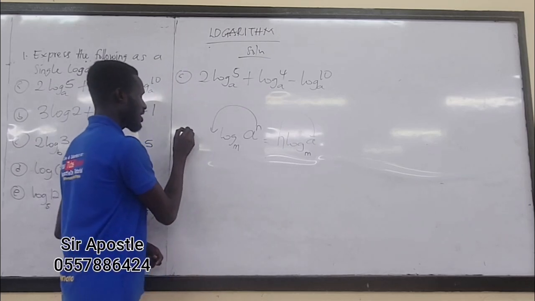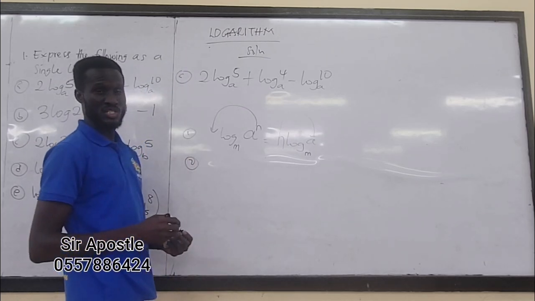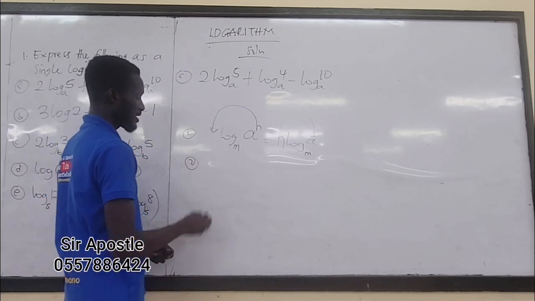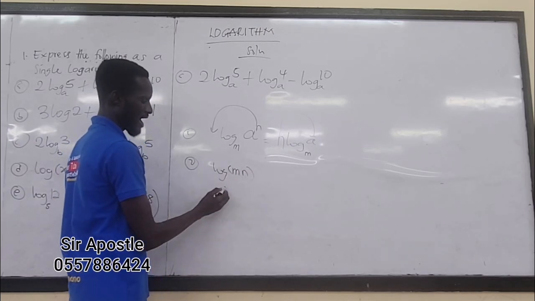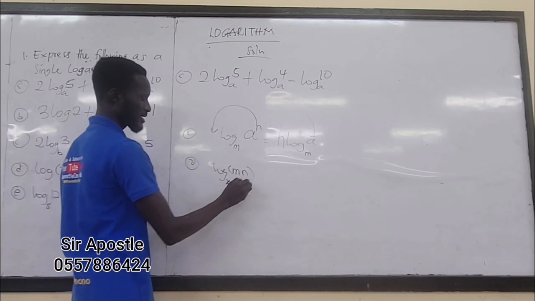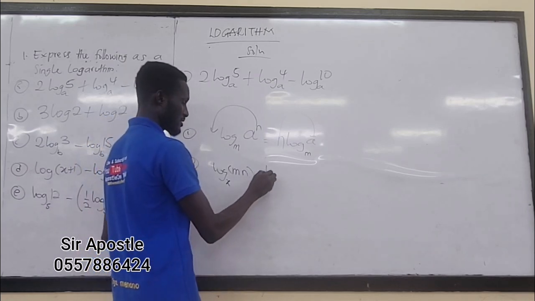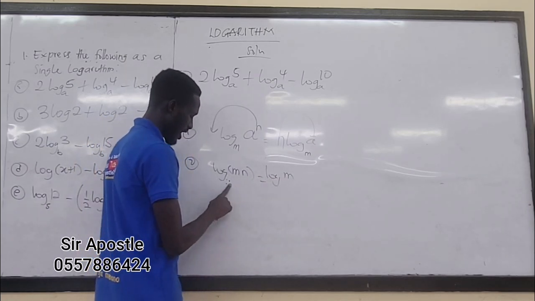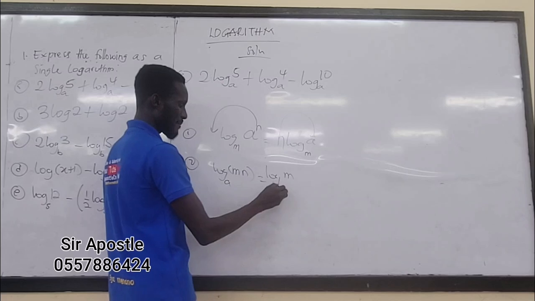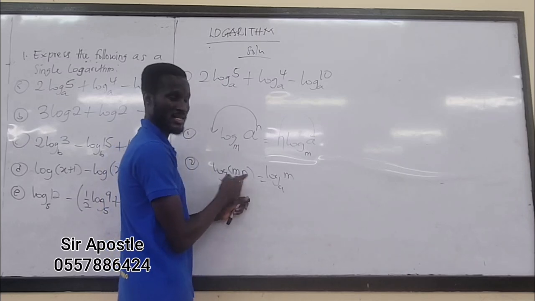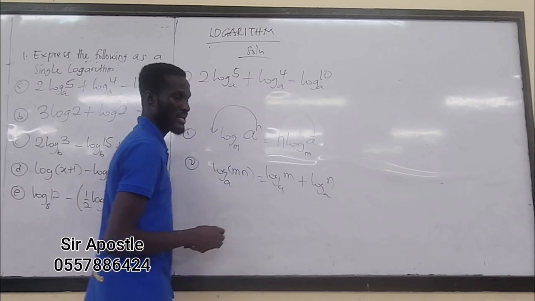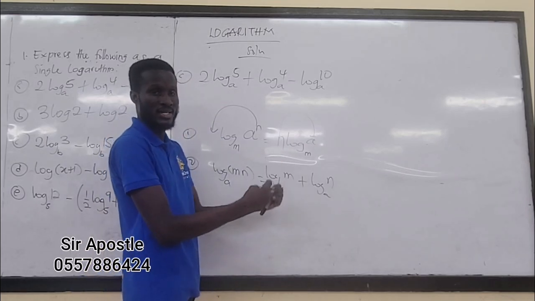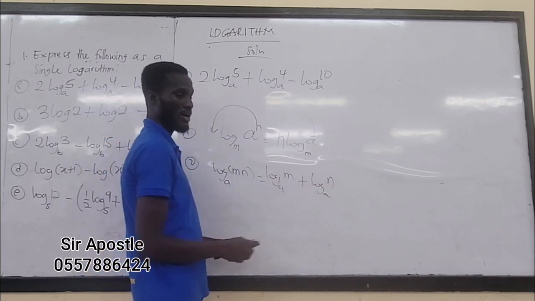Now the second one was the product, that is the multiplication of logarithm. If you have log of m multiplied by n, having any base, let's say the base is a, this is the same as log m base a plus log n base a. The multiplication here means addition. And the same way, when they are added, if you want to compress them, you have to multiply the logs.